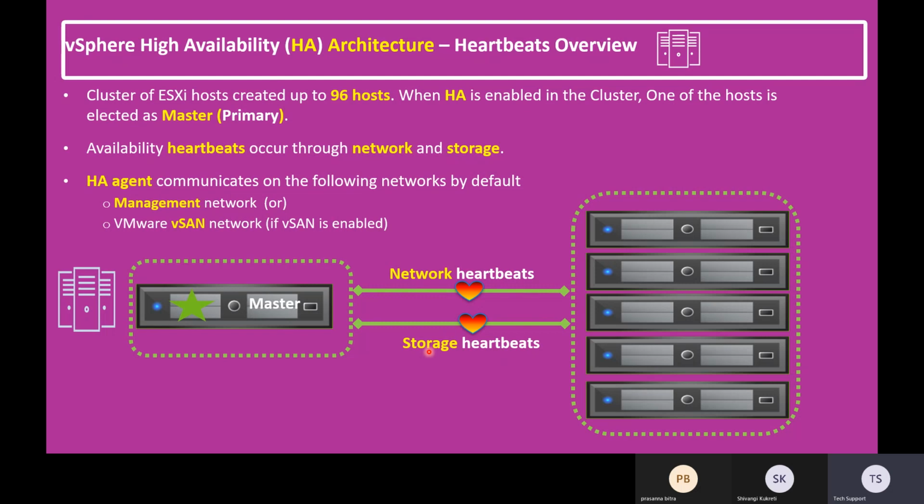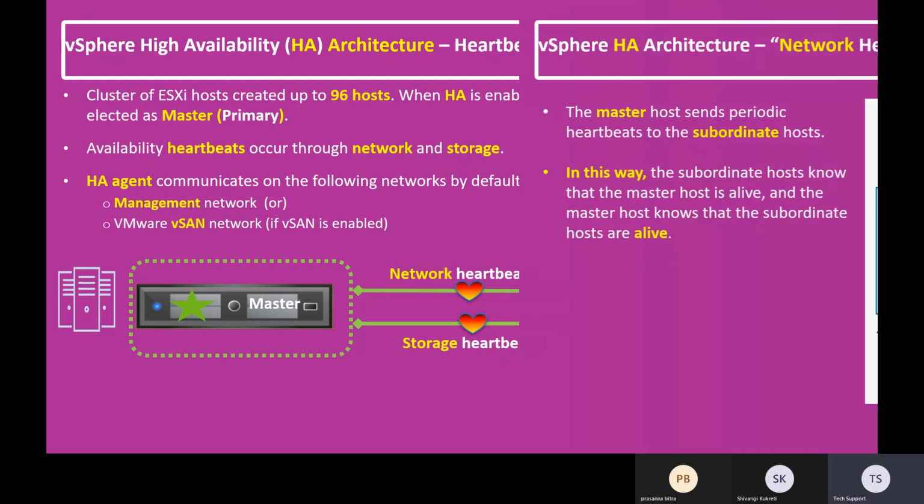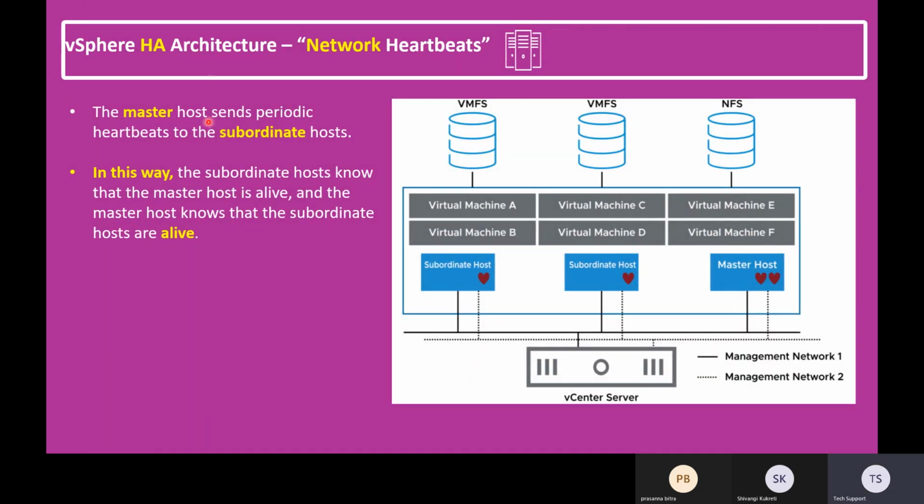Now we'll talk in detail about the importance of the network heartbeat. In the vSphere HA architecture diagram, we have three ESXi hosts, one master and two subordinate hosts. For virtual machine communication, we have one network and another network. That means we have management network 1 and management network 2.